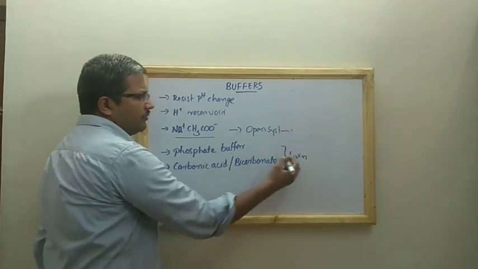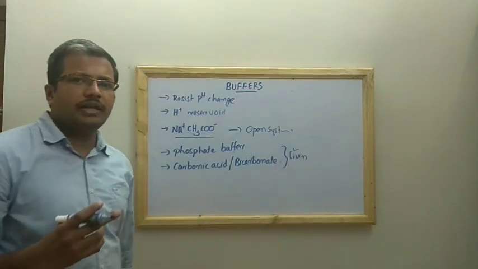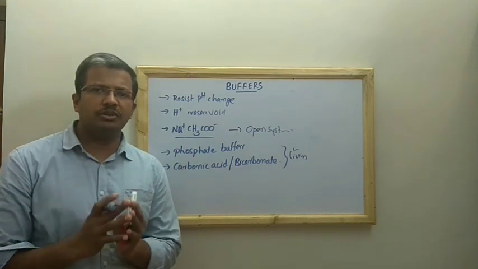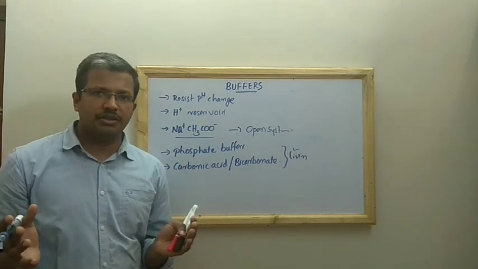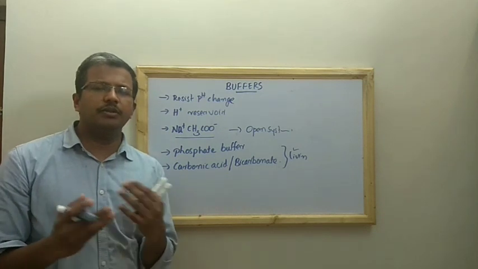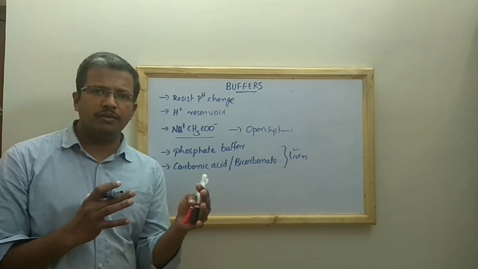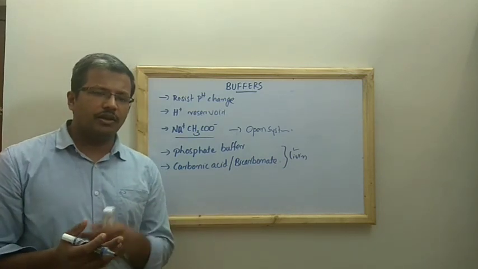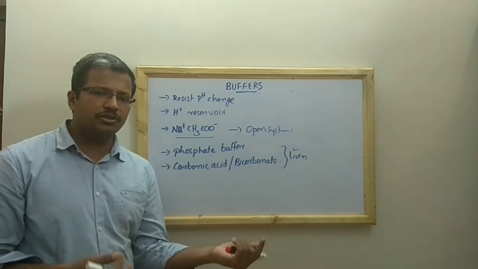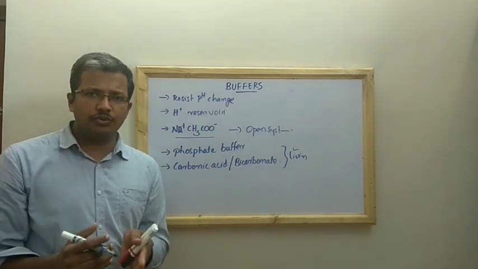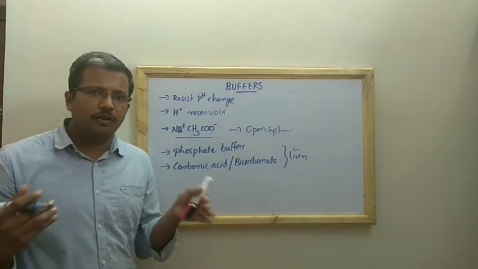This buffer is important for living organisms because the functions of different biomolecules change with changing pH. We have learned it. We can remember the ionization state changes in the case of amino acids when you change the pH. In acidic pH it will be positively charged, in basic pH it will be negatively charged, and in neutral pH it will exist in the zwitterionic form.